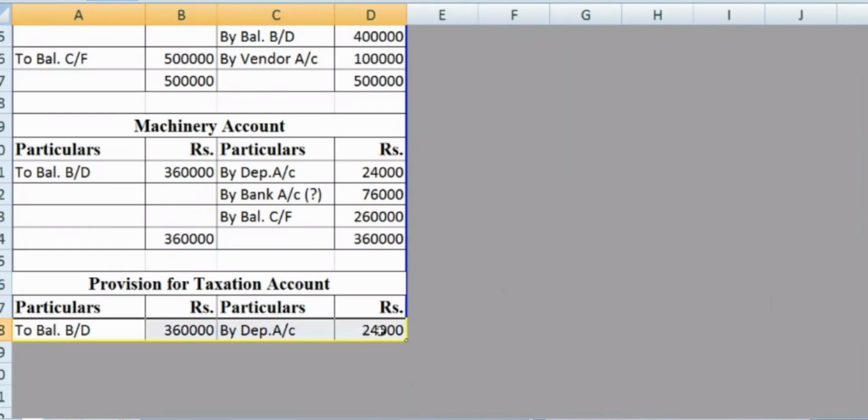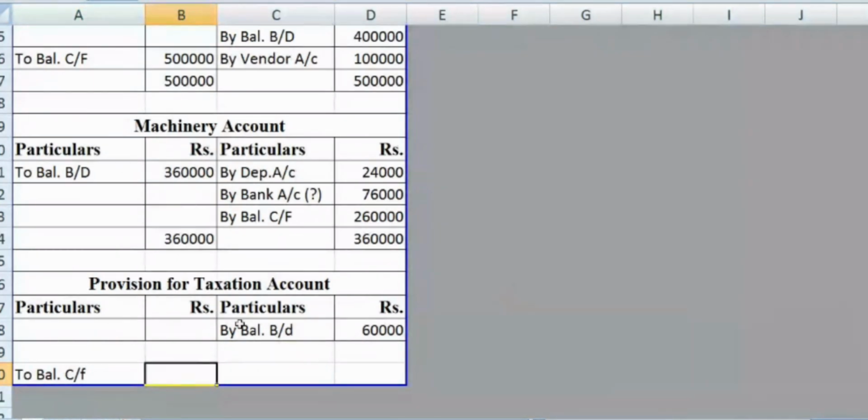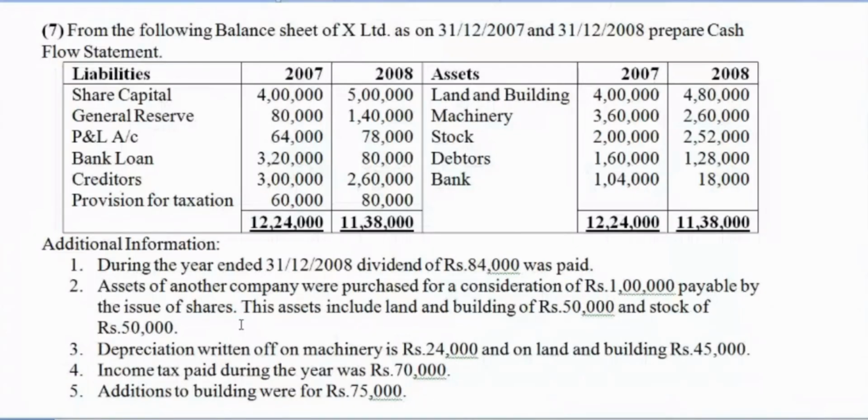What is the opening balance of provision for taxation? 60,000. By balance brought down 60,000, and on the credit side, to balance carried forward amount 80,000.